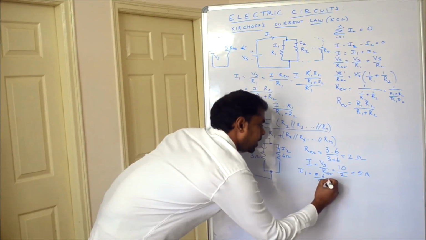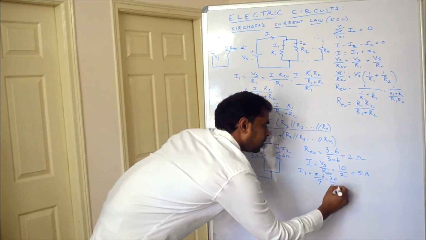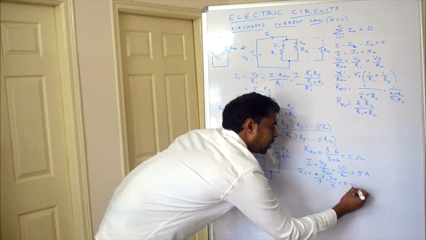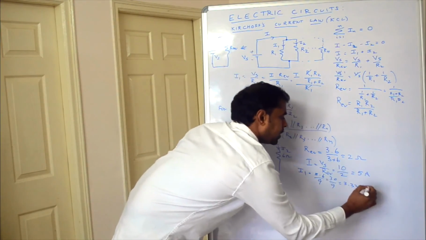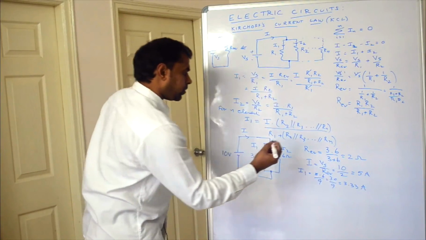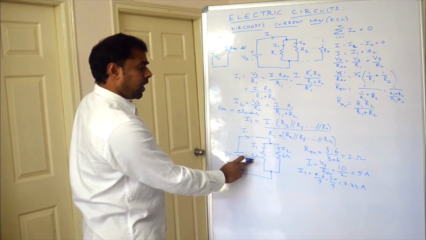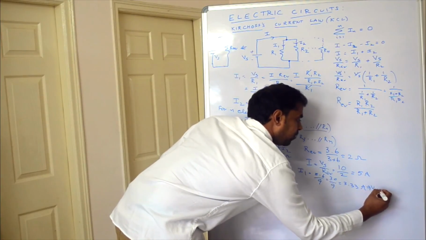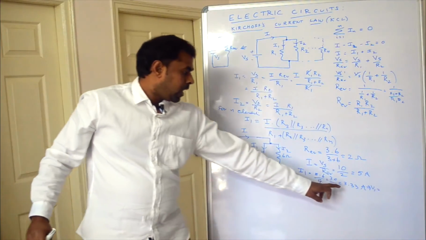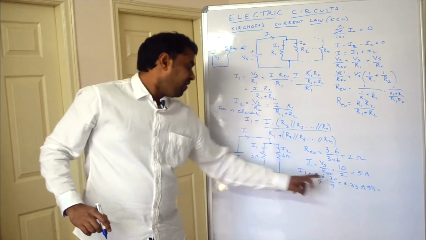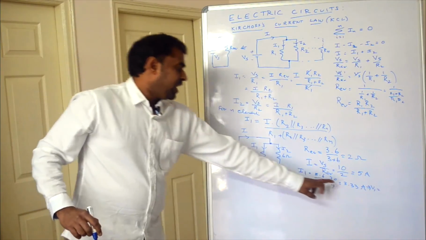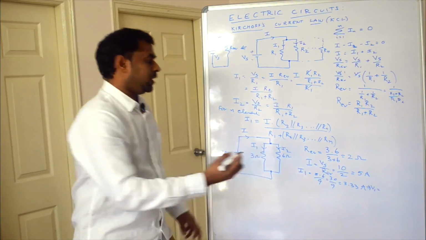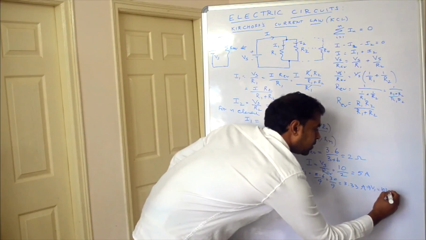It is 9, it will be 3.33 amperes. Then V1 is I1 into R1. I1 is 3.33 into R1 is 3 ohms. Then it will be 10 volts.